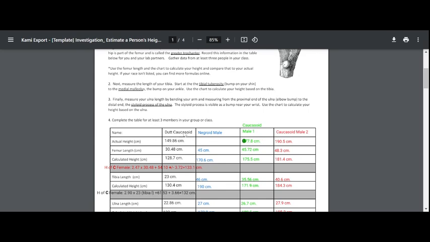I'm listed as Caucasoid. I'm not actually Caucasoid, I'm actually East Indian. But according to the 3 different anthropological racial groups that are recognized based upon skeletal features, I'm considered Caucasoid.